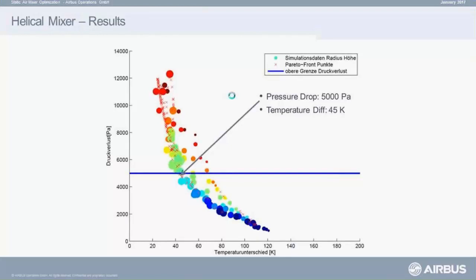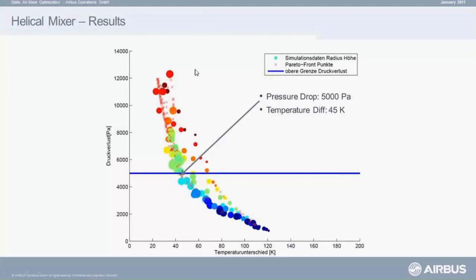That radius is highlighted in this graph by the size of the dot. So a larger dot means a larger diameter of this coil, and h, the height of this coil, is displayed here by colors. So red is a larger height of this coil, and blue is smaller.